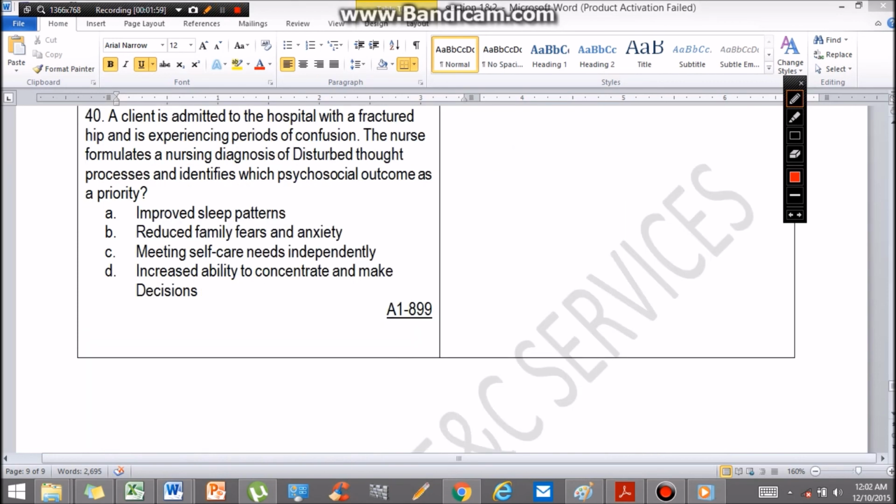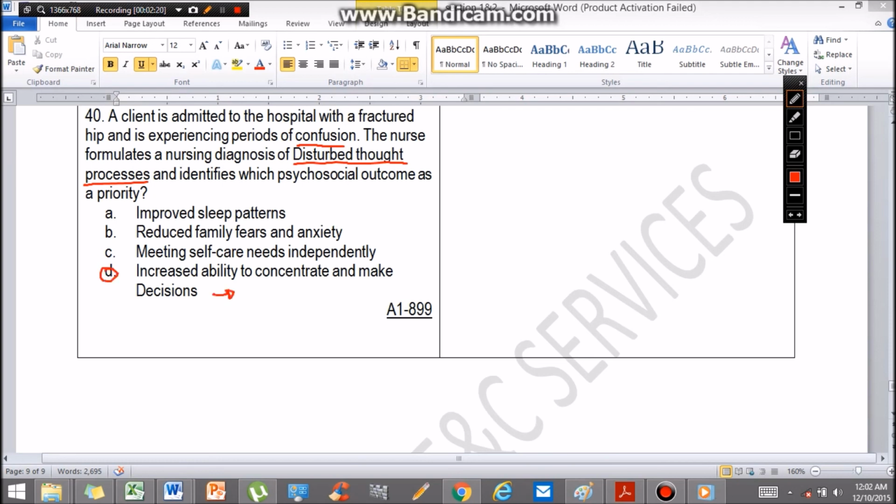A client is admitted to the hospital with a fractured hip and experiencing periods of confusion. So, the client is experiencing confusion. The nurse formulates the diagnosis of disturbed thought process and identifies which psychosocial outcome is a priority. Answer here is D. Why?